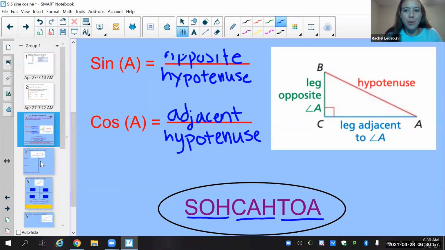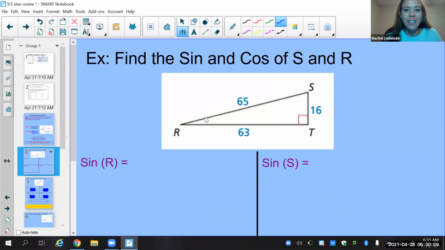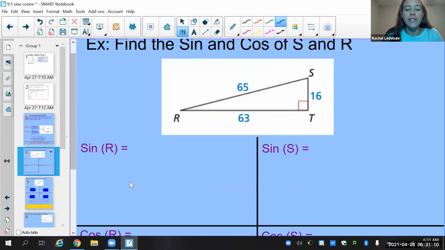All right, let's do some examples now that you have beautiful notes down. And let's find the sine and cosine of both acute angles S and R. All right, so let's first go through the sine of both of those. And if you remember that acronym, SOHCAHTOA, sine is opposite over hypotenuse. So if I'm looking at angle R is right there. Okay.